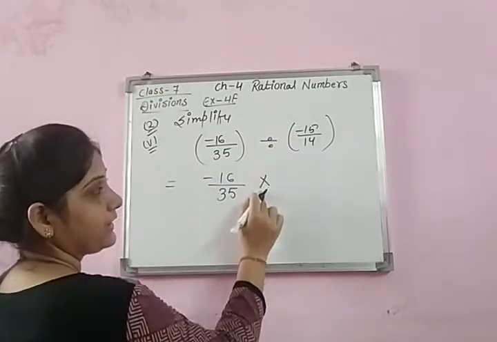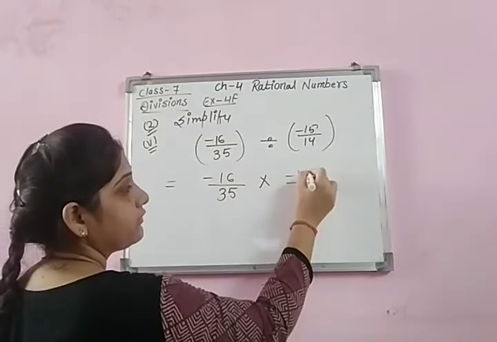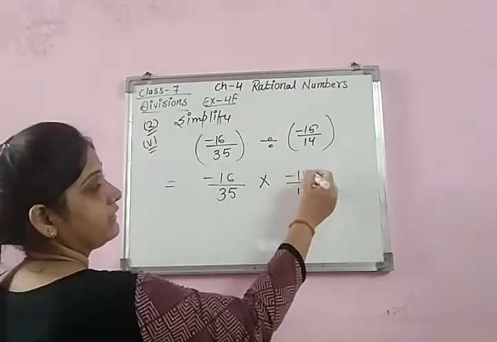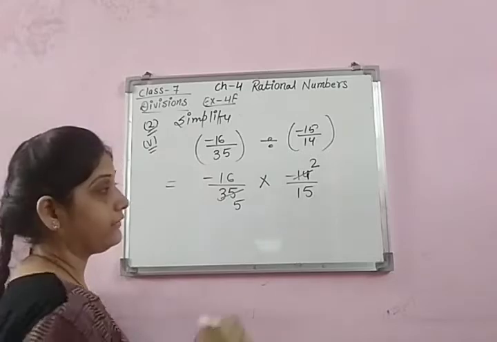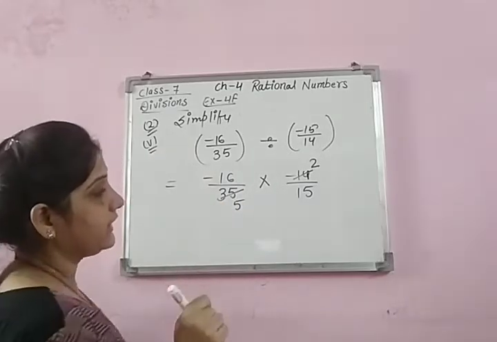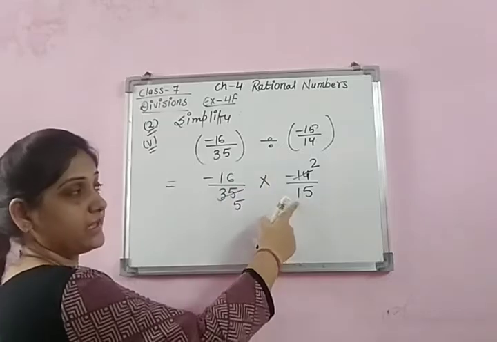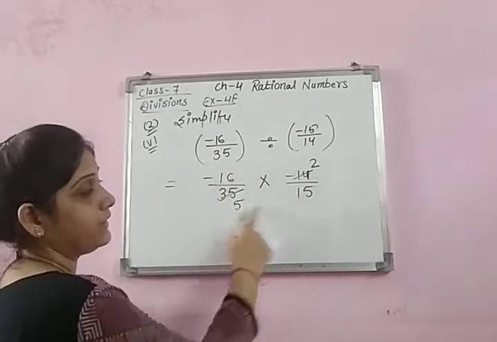Change this into multiplication, so the second will get its reciprocal: negative 14 upon 15. I hope it's clear what we are doing. Now cancellation. 7 2s are 14, 7 5s are 35. Any other number which we can cancel out? No, 16 and 15 don't cancel, because the upper one is an even number and these are odd.